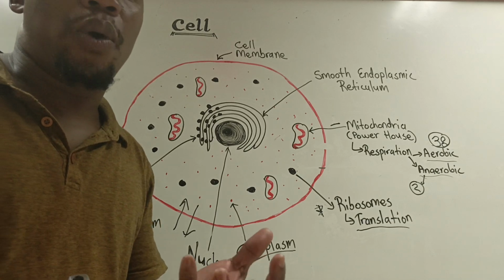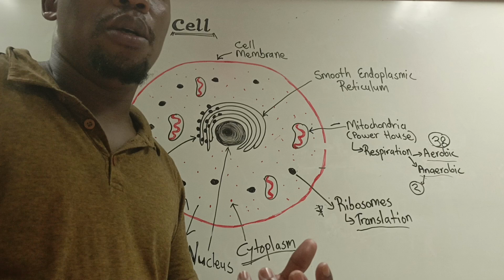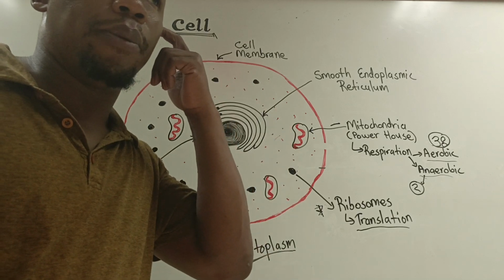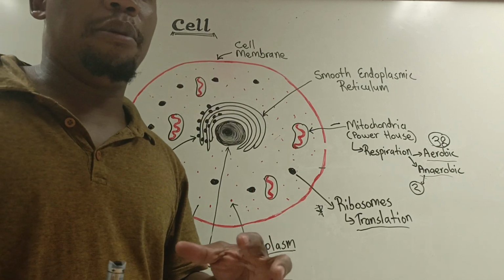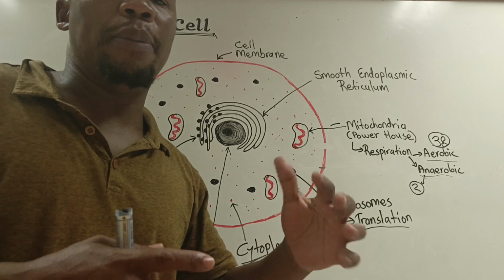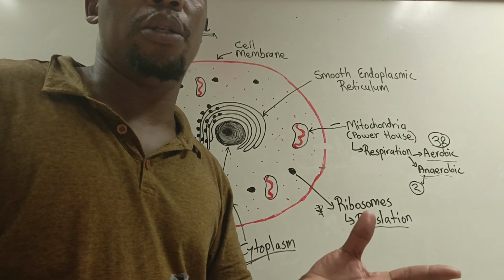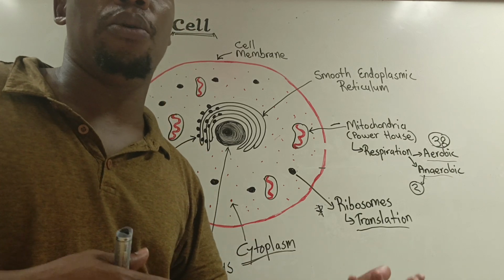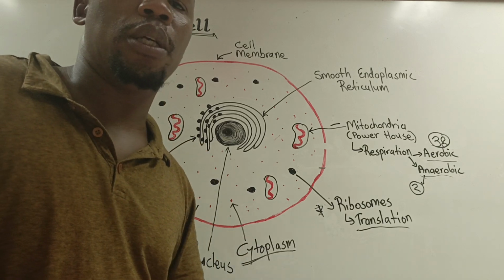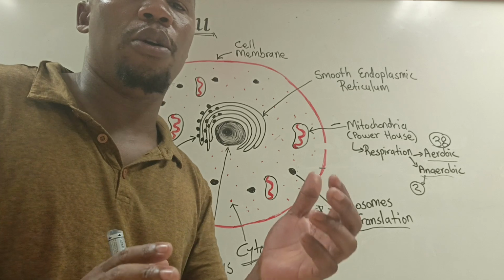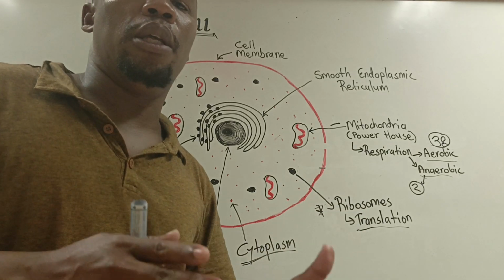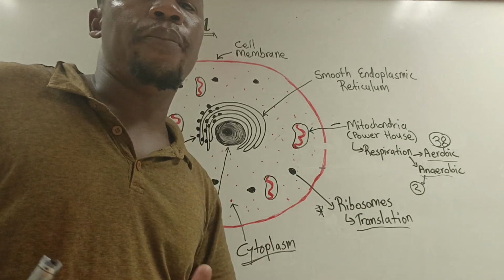So that quality wa go gela go goreng ke go bolela goreng cell membrane, it has that capability to choose. Hela just because you are a nutrient, you are a glucose, it doesn't mean you are going to be allowed to enter. Ya go lekala a certain number of nutrients to enter, and then it will keep excess out.